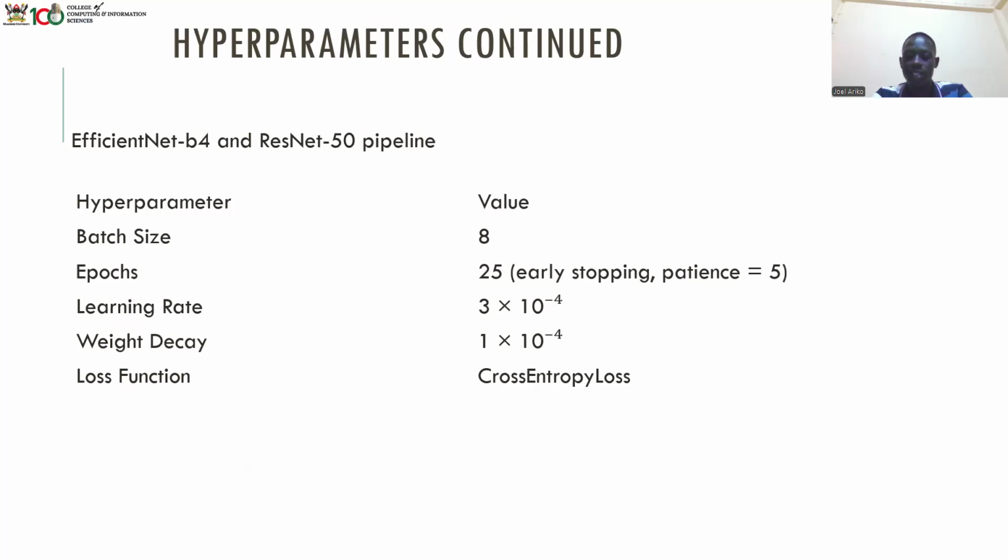For example, EfficientNet takes an image resolution of 380 by 380, while the rest of the architectures use an image resolution of 224 by 224. Below are the hyperparameters of EfficientNet and ResNet. As you're seeing, batch size was 8, epochs were still 25 but with a patience of 5, so in the case of early convergence it will stop. Then the weight decay as follows.